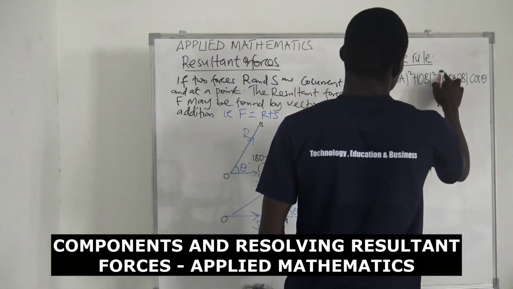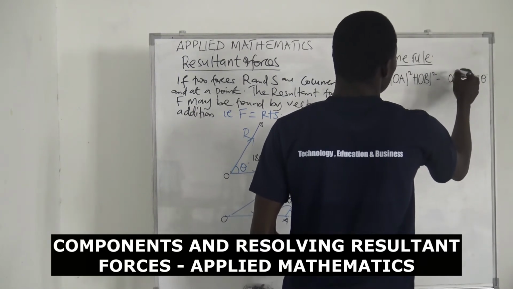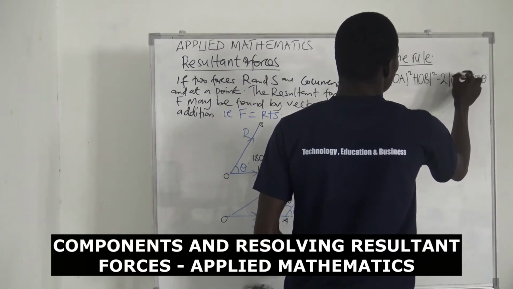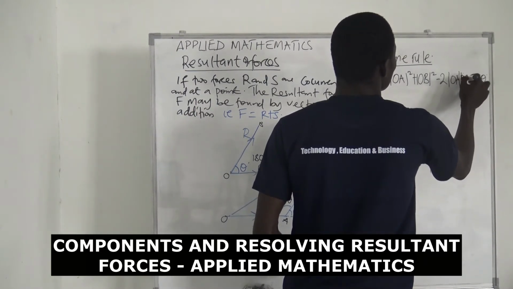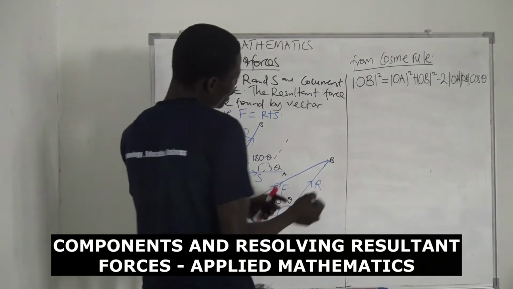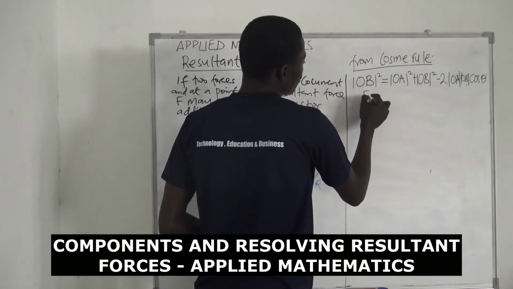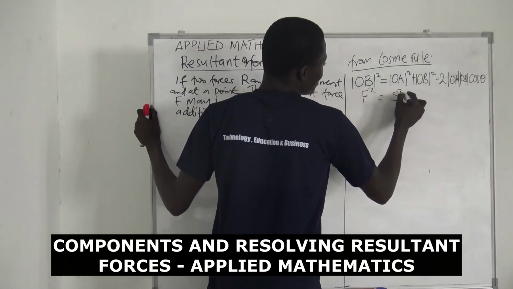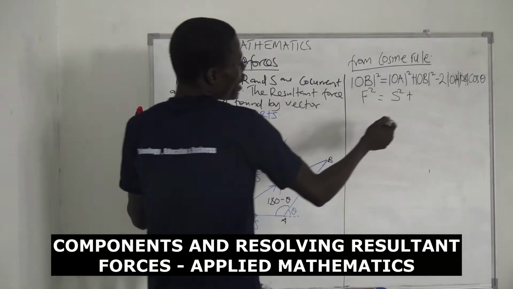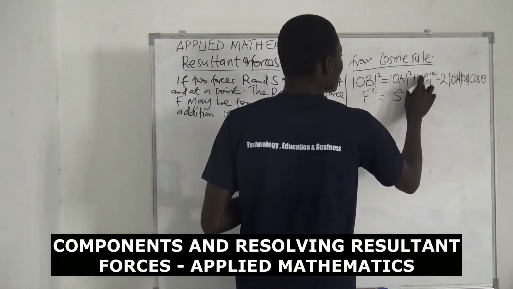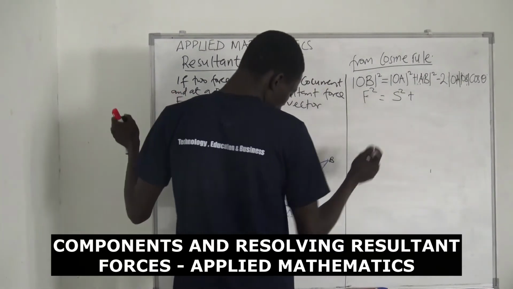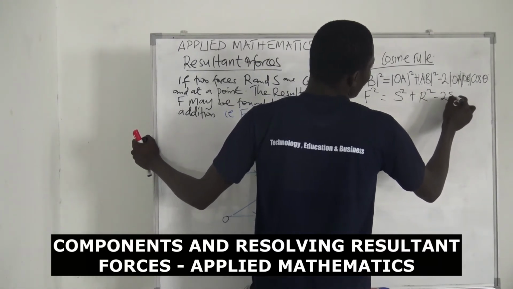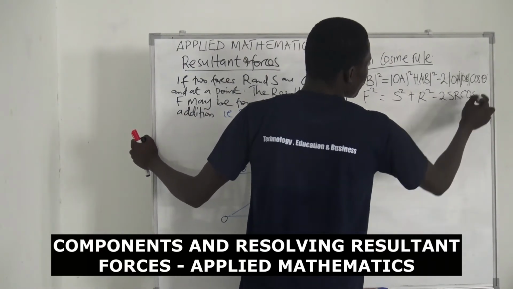So here what is our OB? Our OB is F. F squared equals our OA, which is force S squared, plus AB, it is not OB, it is AB, which is R squared, minus 2SR cos of theta.